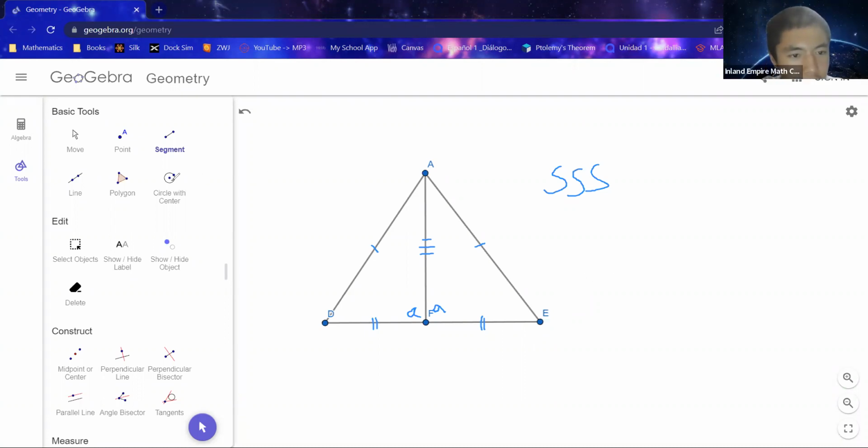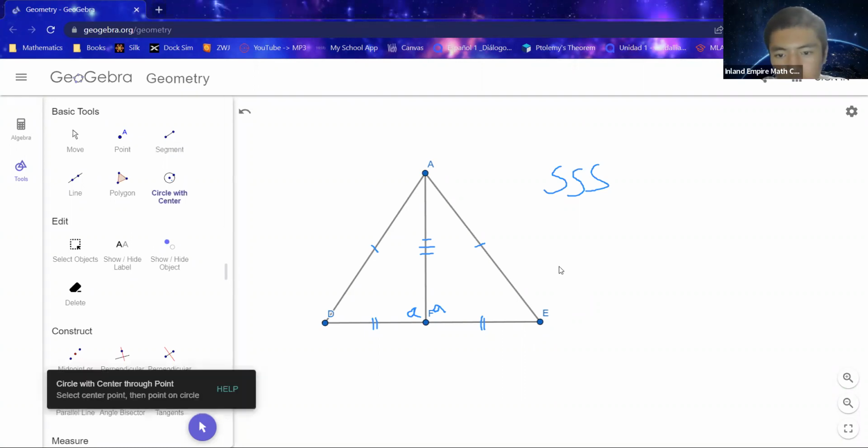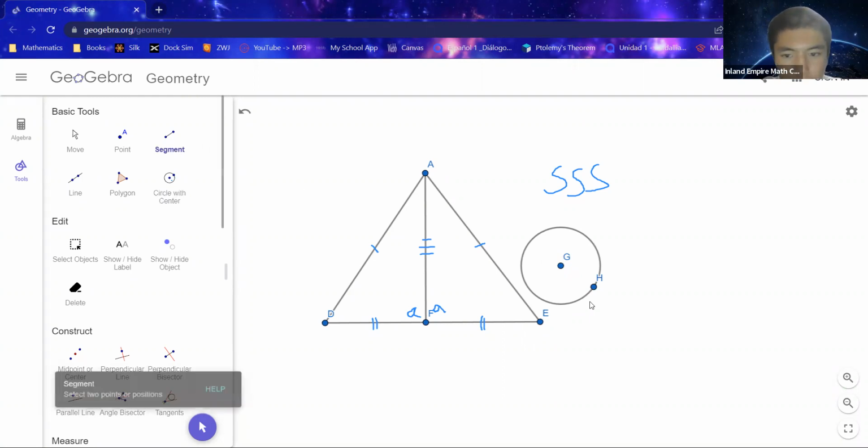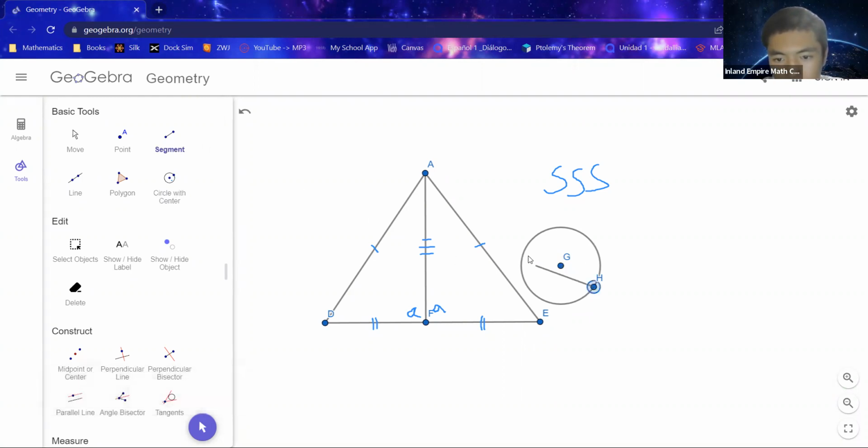It's actually a really simple concept. So let's say we have a circle, and I'm going to draw a line through here.